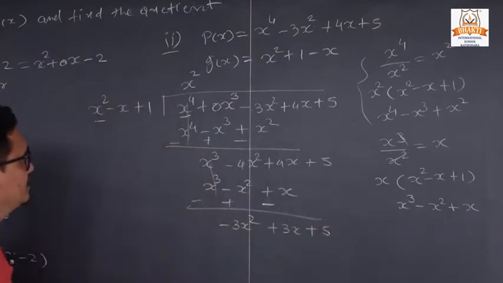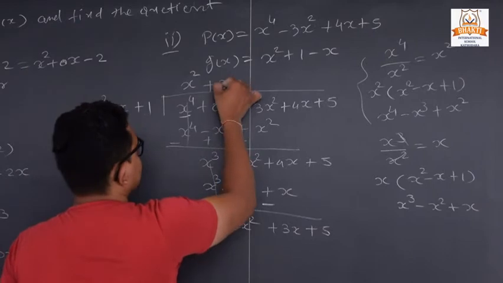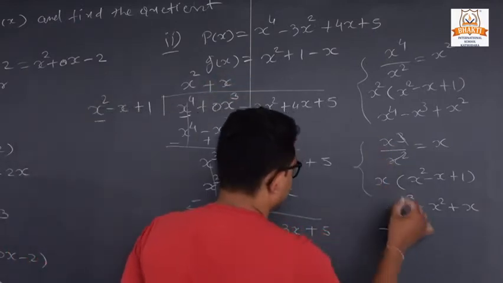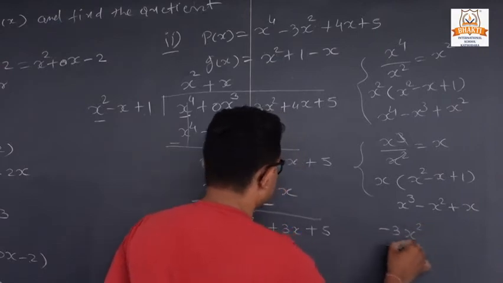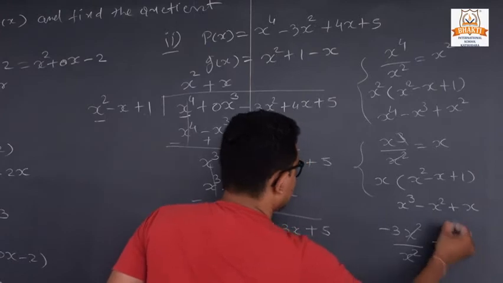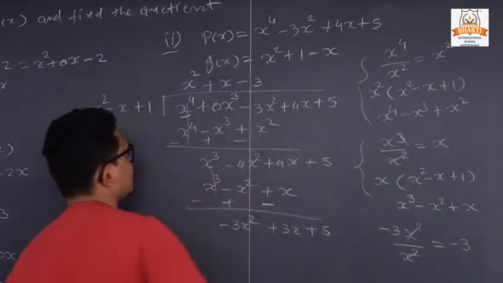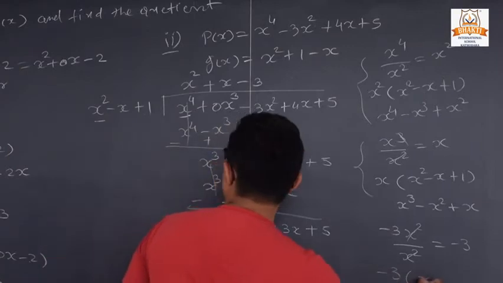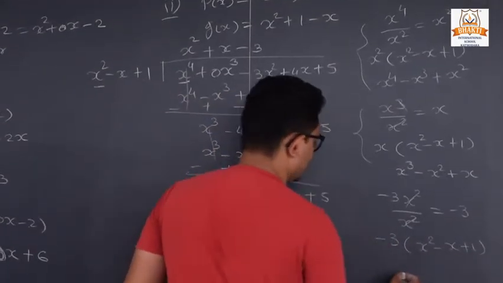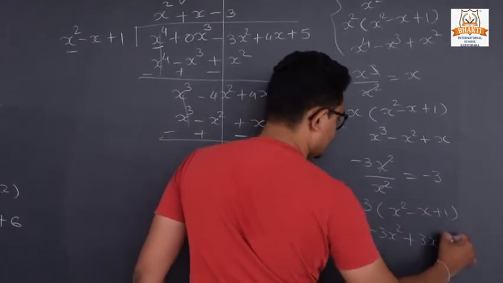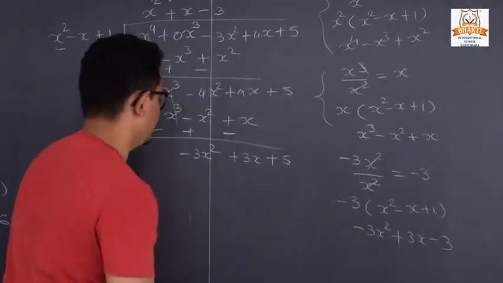Here we can write plus x, then minus, it is second, 3x square is divided with x square. So answer minus 3. So here we can write minus 3. Now minus 3 is multiplied with whole term. So minus 3x square plus 3x, 3 ones are 3.